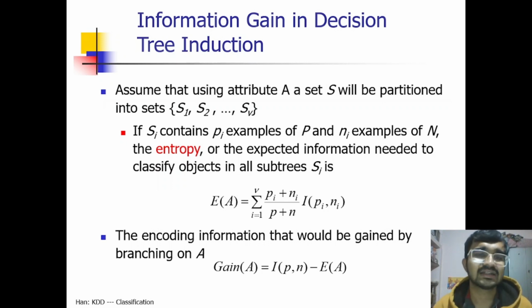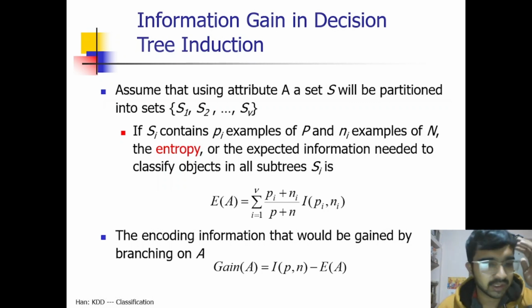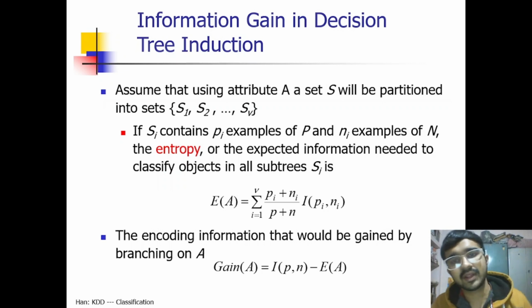So if Si contains pi examples of P and ni examples of N, then the entropy or the expected information needed to classify objects in all subtrees Si is E(A) equals summation i equals 1 to v, and we have to calculate this for all the values, and at last to encode the information that would be gained by branching on A.